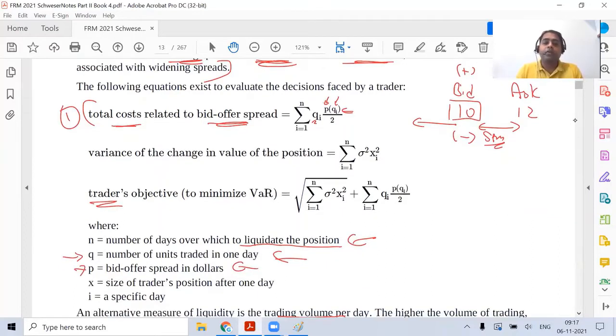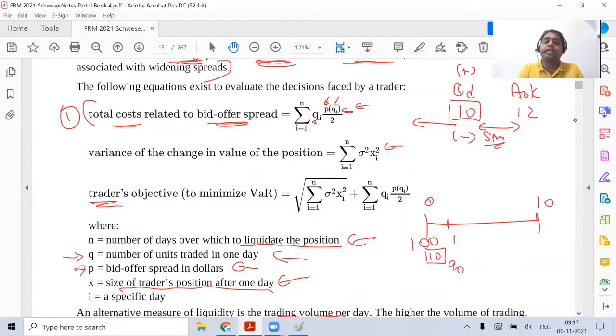Now over here they have not explicitly talked about the size of the trader's position after day one. Now why is this discussed only in variance and not in the cost? There's a logic over here. Suppose I start with 100 units and I have a total of 10 days to liquidate. When the first day is completed, I might have sold 10 units.